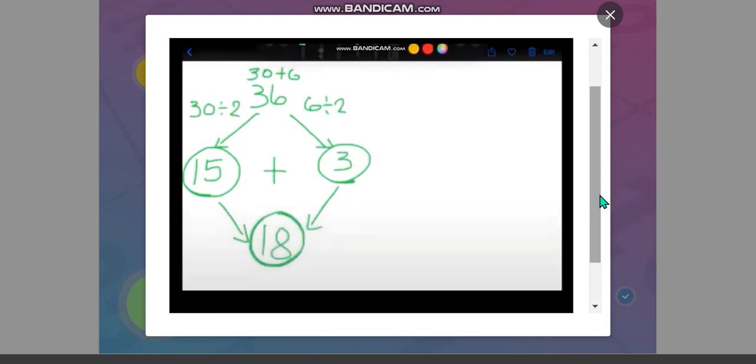Now let's check using doubling. Okay, let's try it on the other side. Now check by doubling. Okay, so there's no space, so I'm writing it close to each other. Okay, 18 would be written here on top.